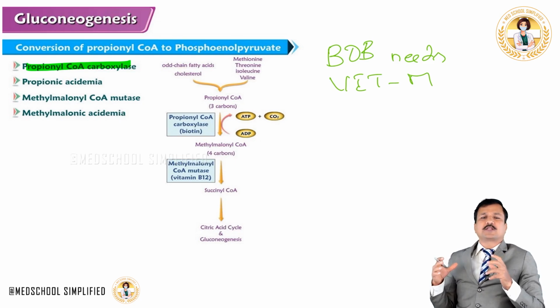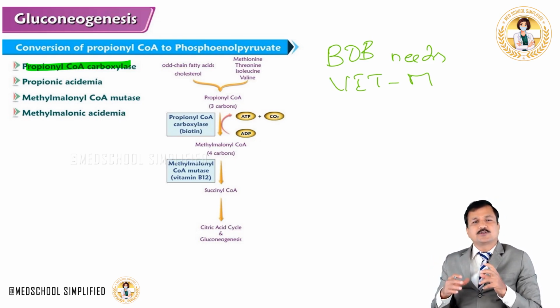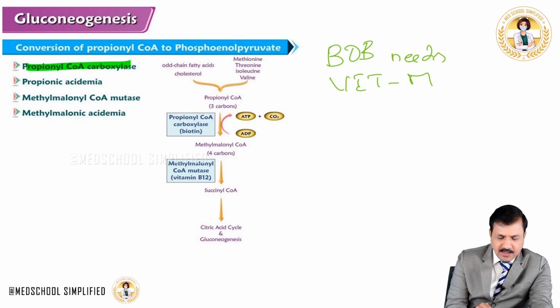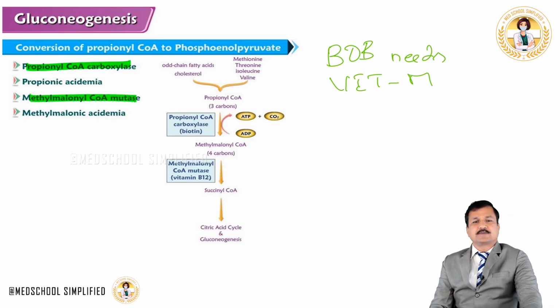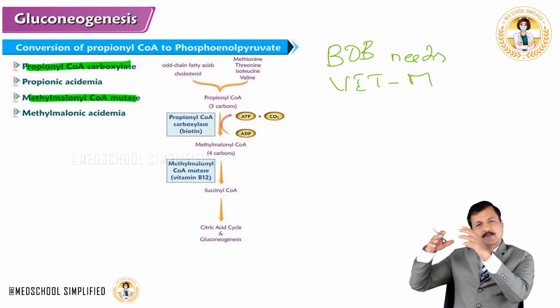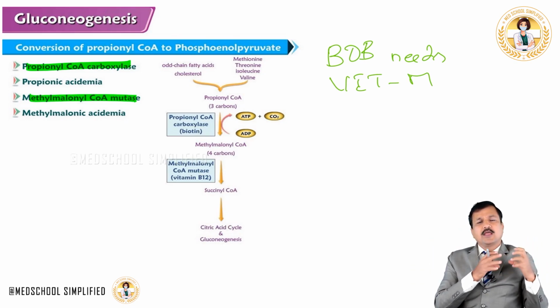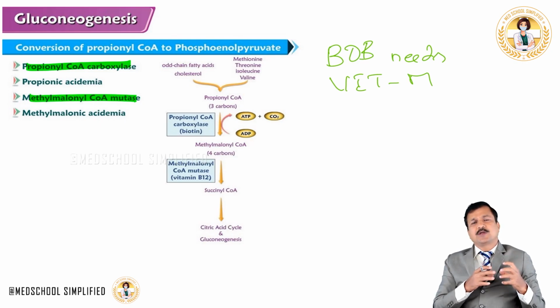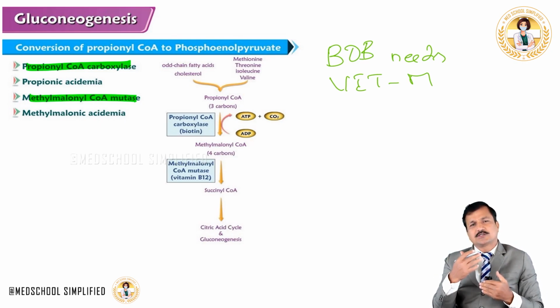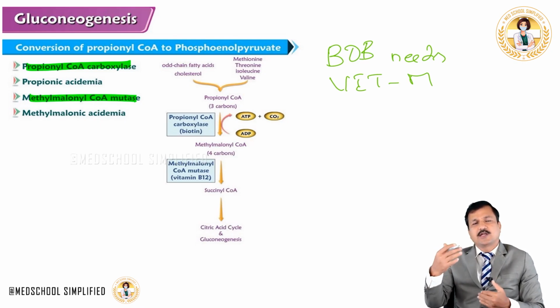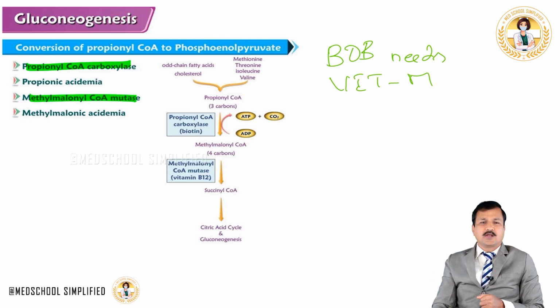Now the 4-carbon methylmalonyl-CoA will be converted into succinyl-CoA by the enzyme methylmalonyl-CoA mutase, and that needs deoxyadenosyl-cobalamin as the coenzyme. Now once you get succinyl-CoA, which is a 4-carbon molecule, succinyl-CoA is converted to succinate, succinate into fumarate, fumarate into malate, and malate moves out of mitochondria into the cytoplasm, and in the cytoplasm malate is converted back into oxaloacetate, and oxaloacetate is converted back into phosphoenol pyruvate.